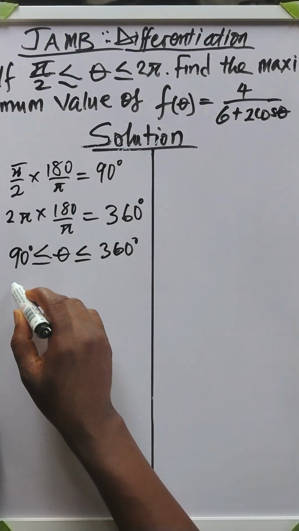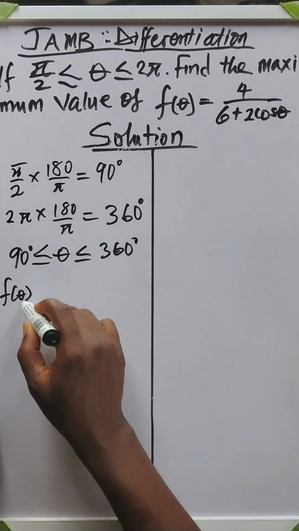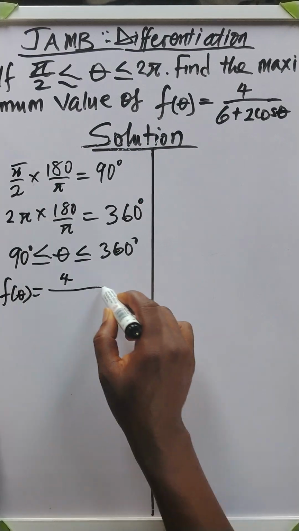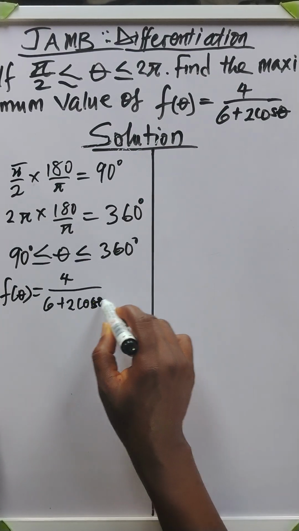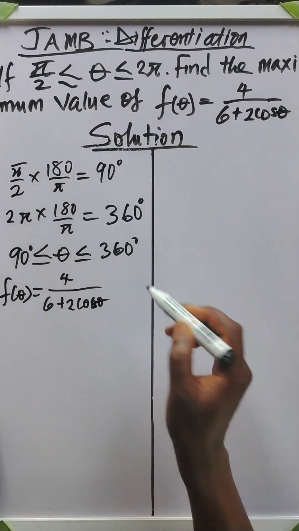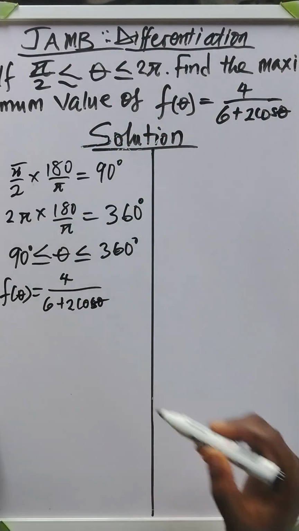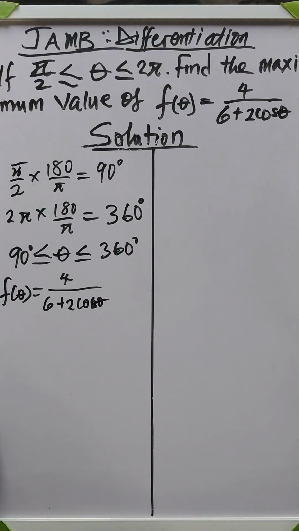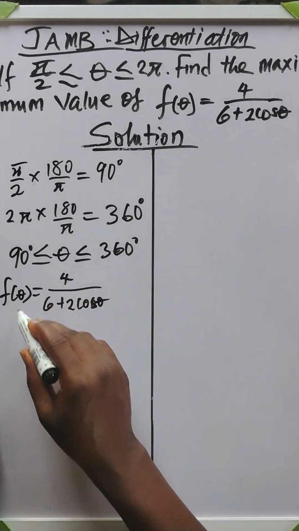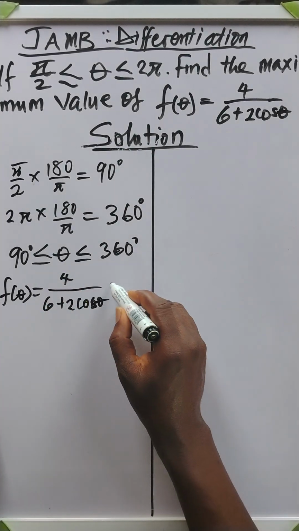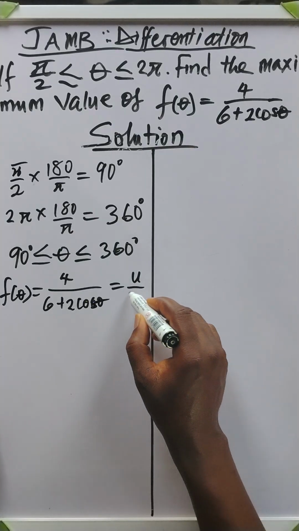Now, this function f of theta is equal to 4 over 6 plus 2 cos theta. If it's going to be a maximum value, the gradient at the maximum value must be equal to 0. And how do I get the gradient? That means I need to differentiate this. So I'll call this u and this v.